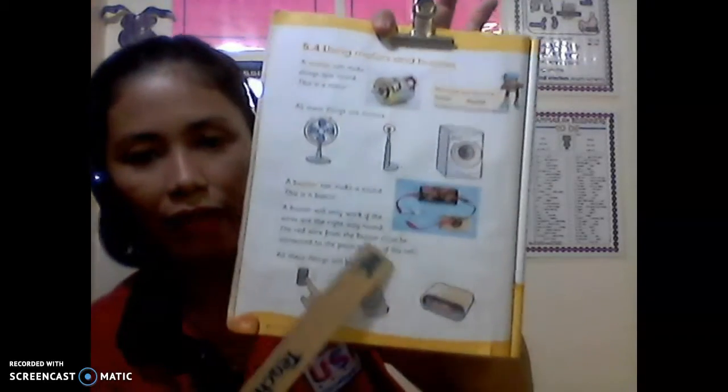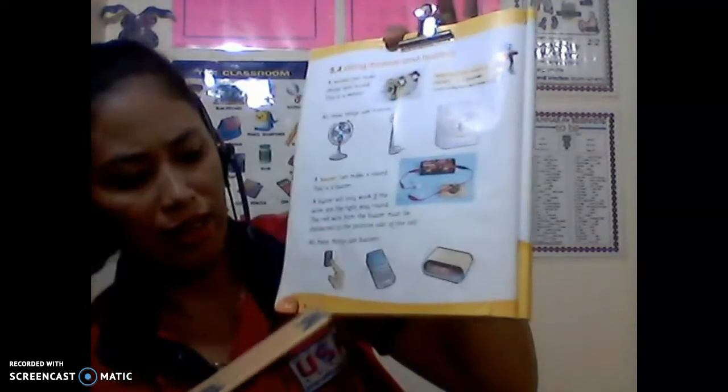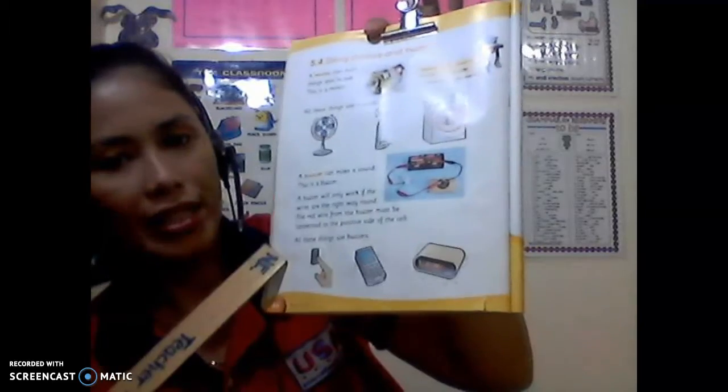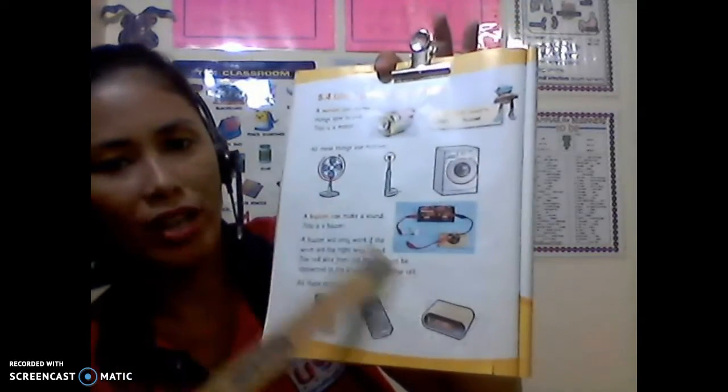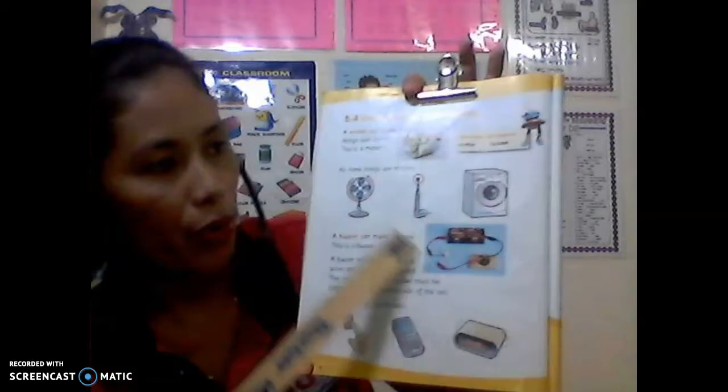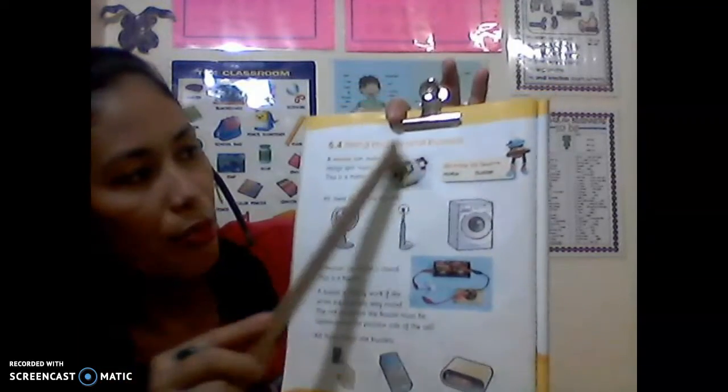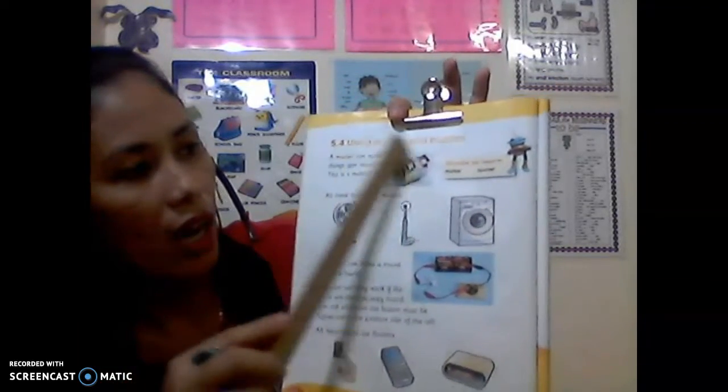Okay, so here again for your book, this is our lesson yesterday, page 54, and now let's review how much you remember. Here again, this is a motor and Lego.